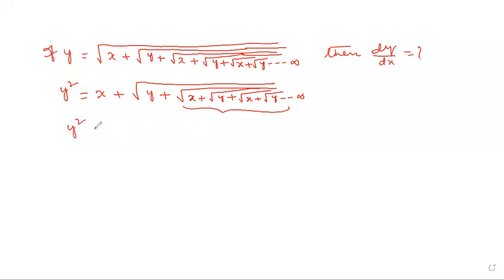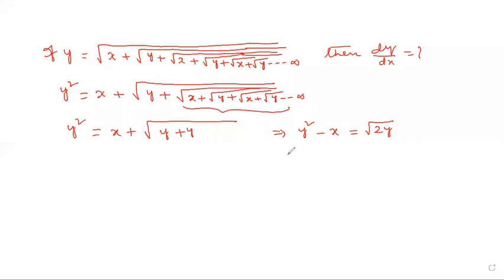So y square is equal to x plus root over y. Now we can write y square minus x is equal to root over y.